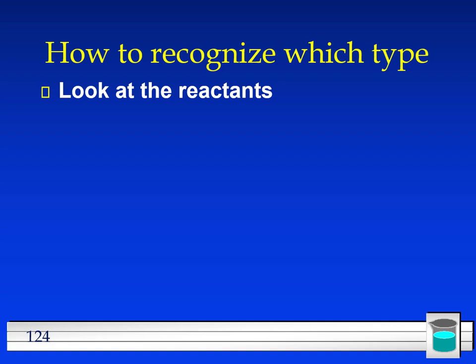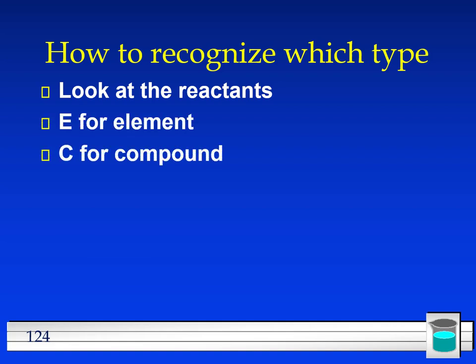You're not trying to predict what it's going to make, which is the goal of doing types of reactions, so you can predict it. Okay, I'm going to use a complicated system here. E is going to stand for element. C is going to stand for compound. So E for element, C for compound.